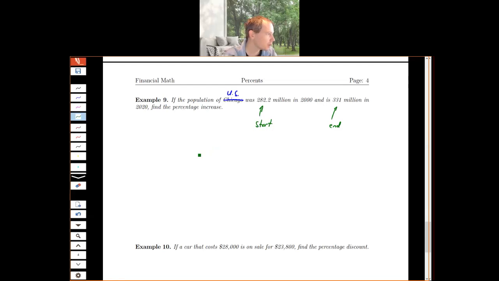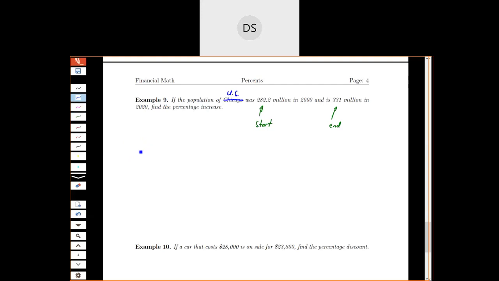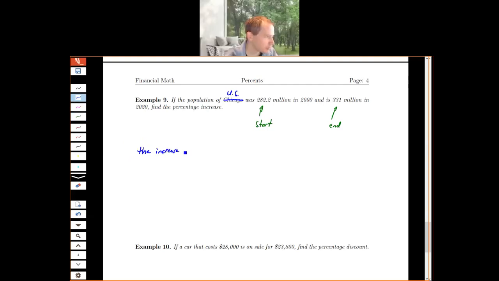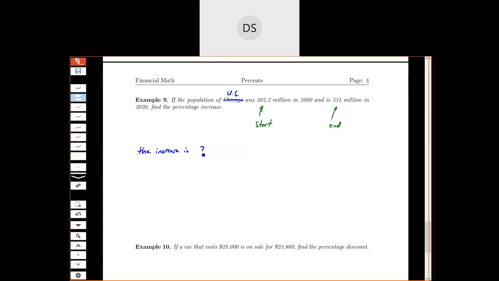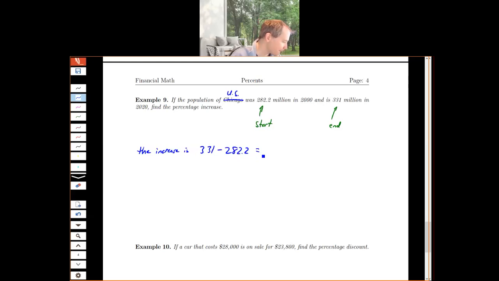Okay. So what we can do is first find the increase. And that's just the difference, 331 minus 282.2. Okay. So when I subtract, I get 48.8, right?